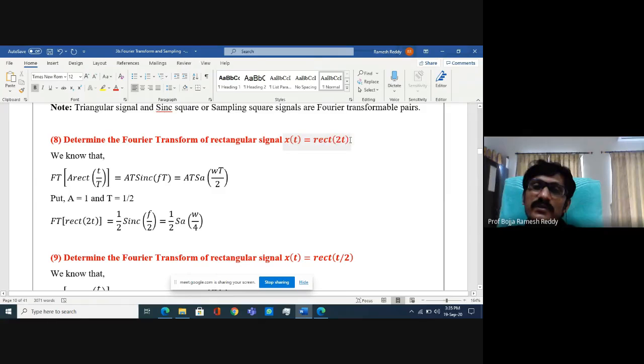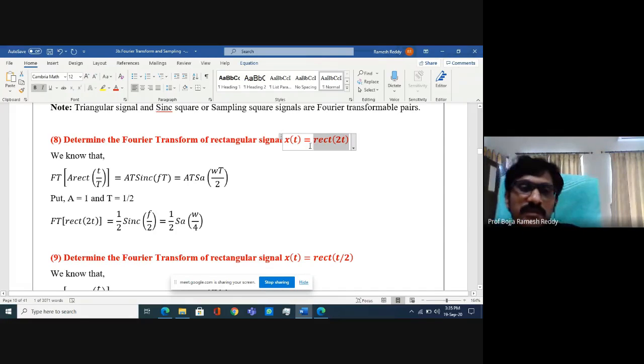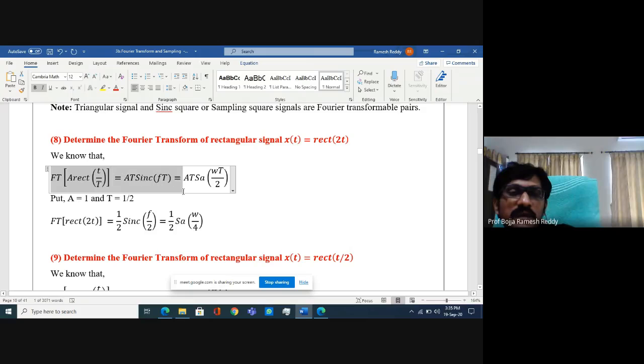For this question, there is no need to go again for the basic definition, substitution and evaluation. We have to know the formula. I will explain; within 1 minute, we can finish the problem. How? We know rectangular signal and sinc signals are Fourier transform pairs.